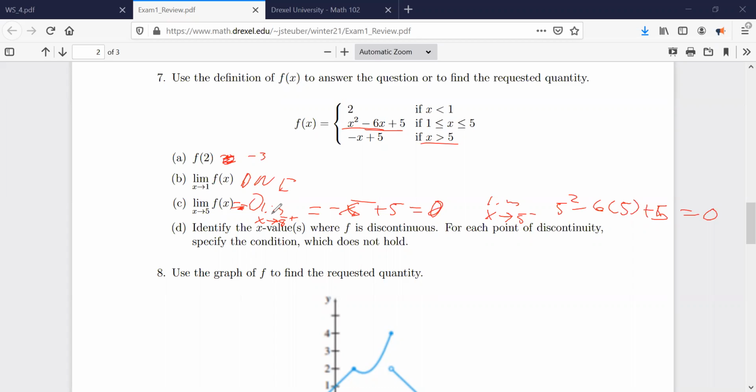So what information does this give me about the continuity of f in general? Can you guys give me any points where this tells me f is discontinuous? At 1. Yeah, exactly.